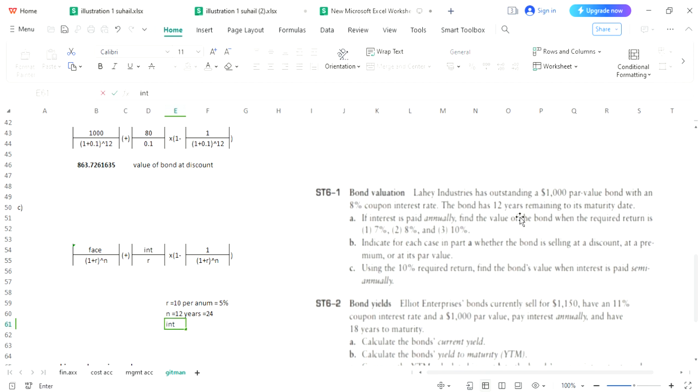And for the interest amount, you take face value and multiply it with the coupon rate. Face value will remain 1000, and you multiply it with the coupon interest rate. Coming over here, the coupon rate was 8%.